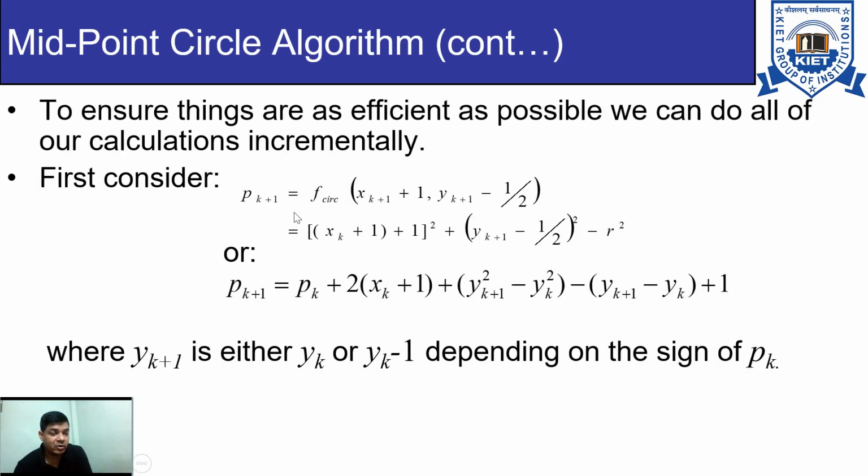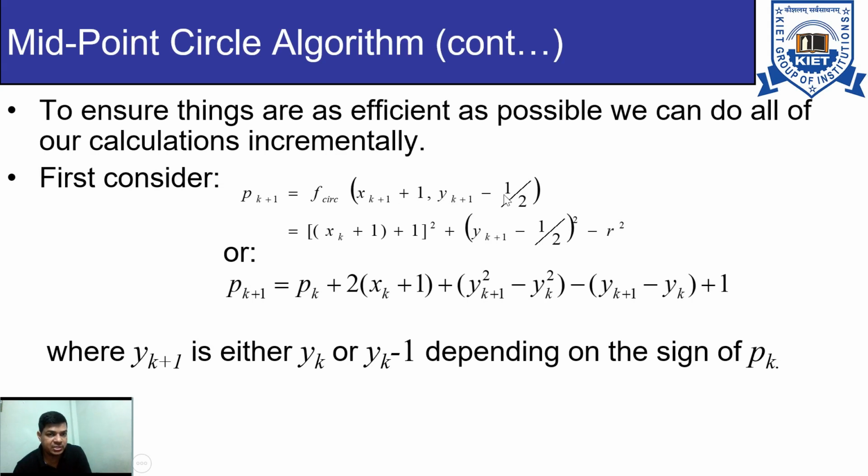Now we are doing the next approximation, and the next approximation can be done by incrementing the value of k as k plus 1. So you can see that the x coordinate of the point will be xk plus 1 plus 1, and the value of y will be yk plus 1 minus half.